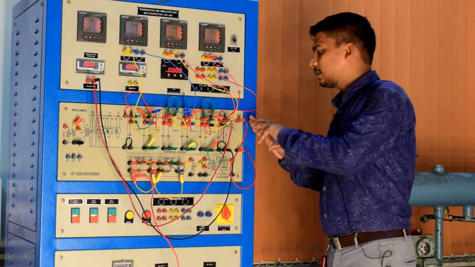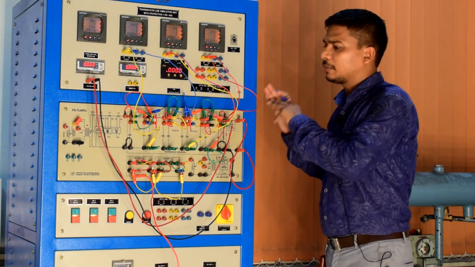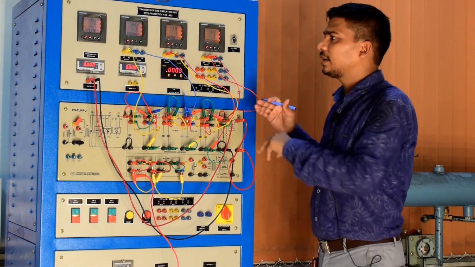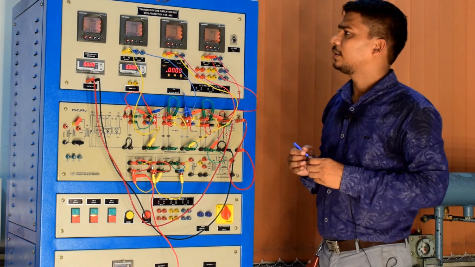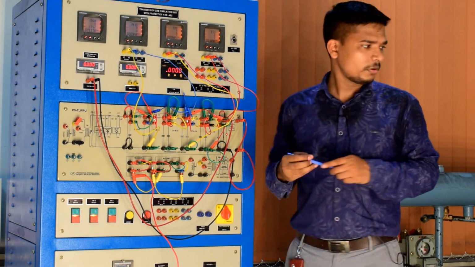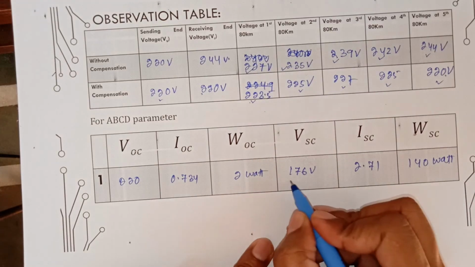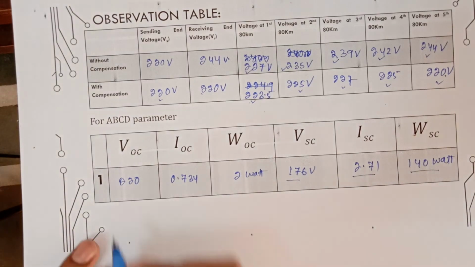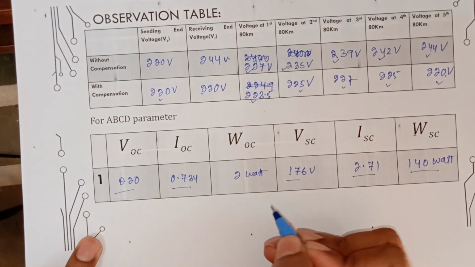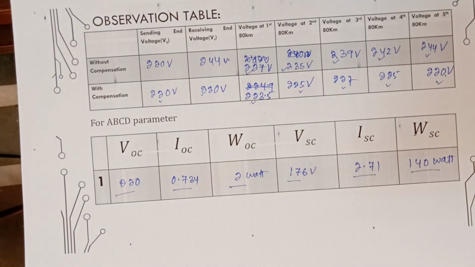That means when the transmission line is short circuited, it carries some current from the sending end, and due to that current the voltage somewhat reduced from 182 to 176. So our observation: we got 176, 2.71, 140 watt in the short circuit, and 220, 0.734 and 2 watt in the open circuit.